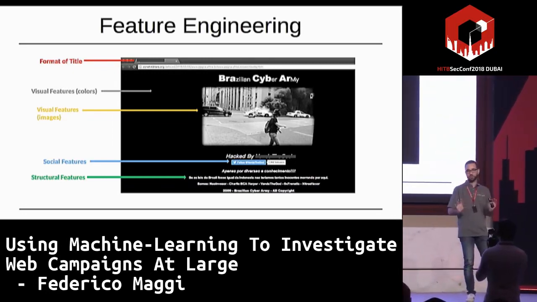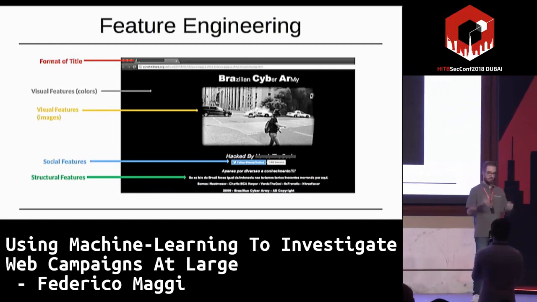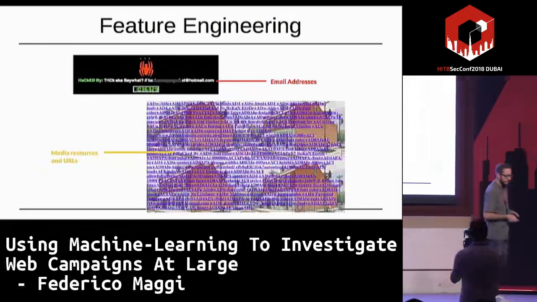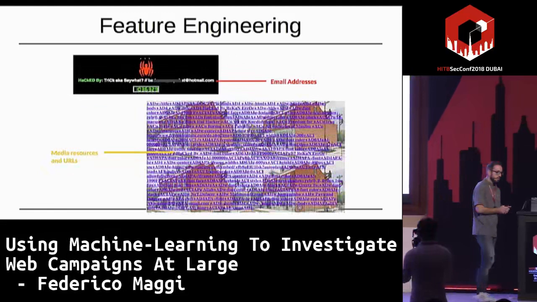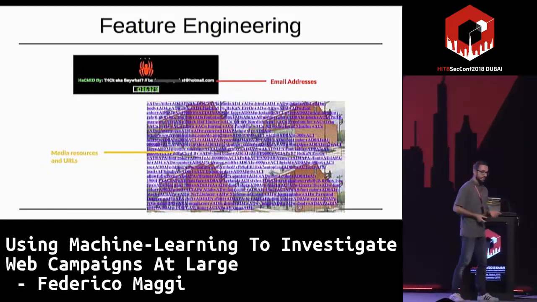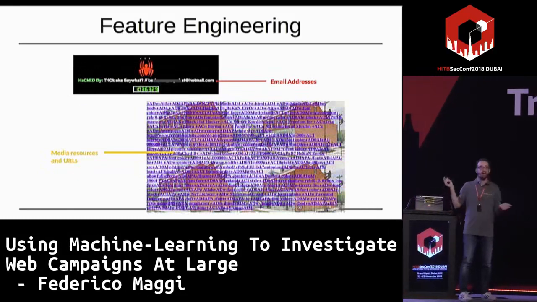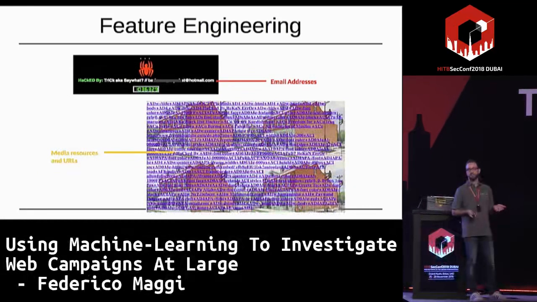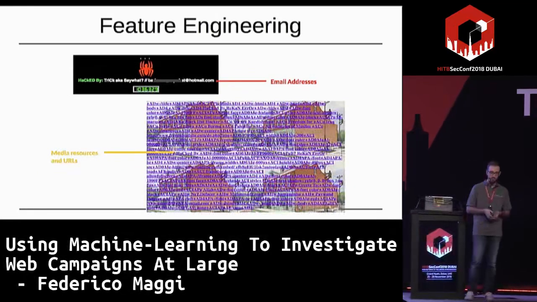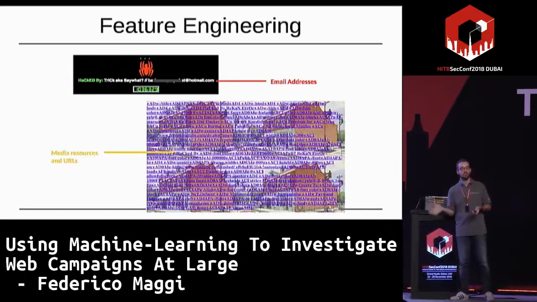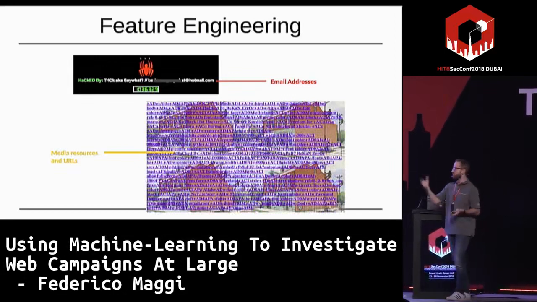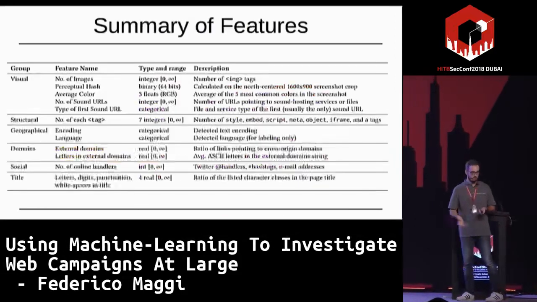We only keep the structural elements such as div, table, and stuff like that. We also keep track of email addresses and all the URLs. Here you see a page that stands out for the amount of URLs that these guys have planted as part of the defacement. This is an extreme case, just to make the point. We keep track of how many URLs they insert.